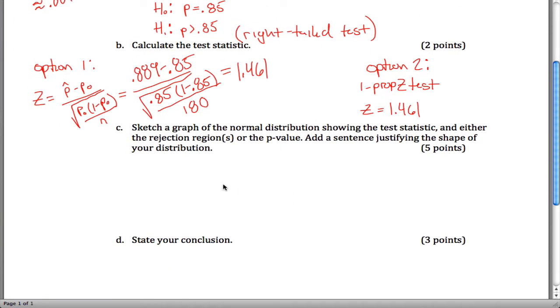All right, now they want us to sketch a graph of the normal distribution showing this info. First of all, this sentence justifying the shape, we'll say because N times P0 times 1 minus P0 is greater than or equal to 10, the shape is approximately normal.